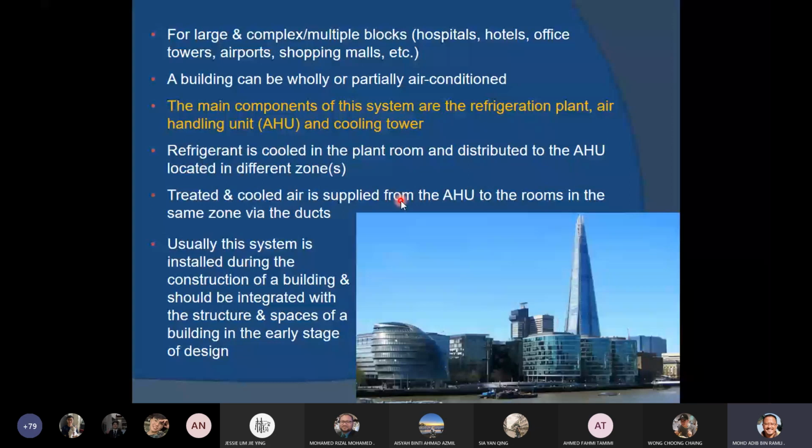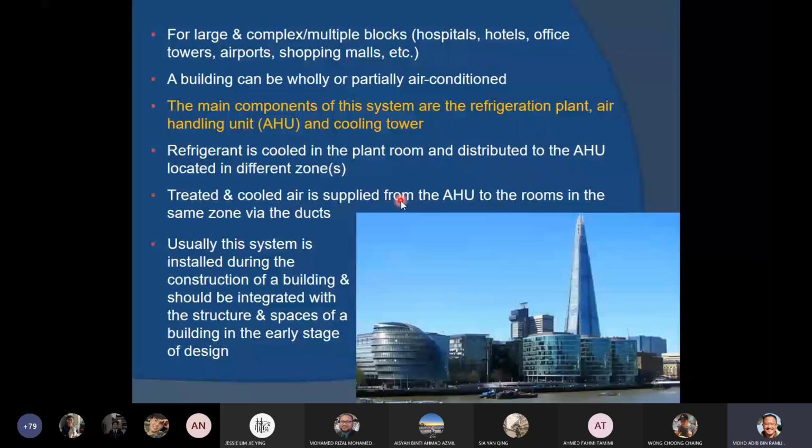Basically the plant room is located somewhere, and then the AHU is located somewhere else as well. And in one building, you can have multiple AHUs. So you have only one plant room, but you can have multiple AHUs to serve different zones.